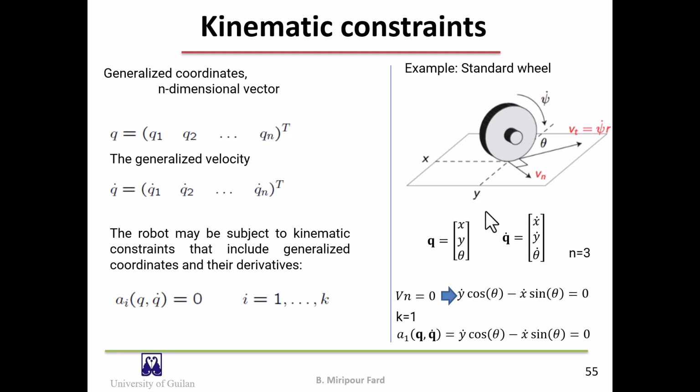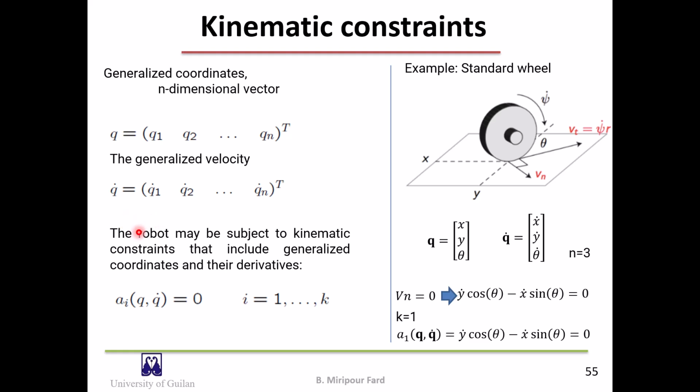The configuration of a robot can be uniquely represented by an n-dimensional vector, which is called generalized coordinates. The vector of generalized velocities will also be n-dimensional and is indicated by q dot.